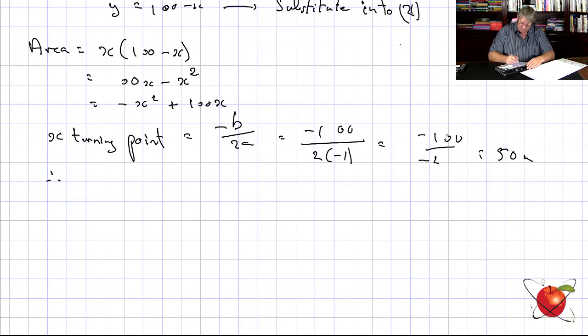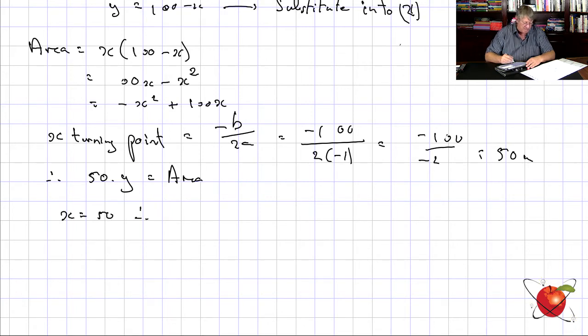Therefore, 50 times y is going to be equal to the area, isn't it? But we need y. Therefore, let's have a look. X equals 50.